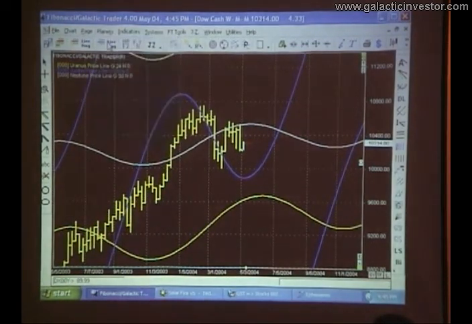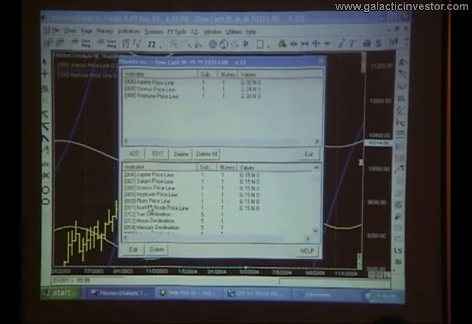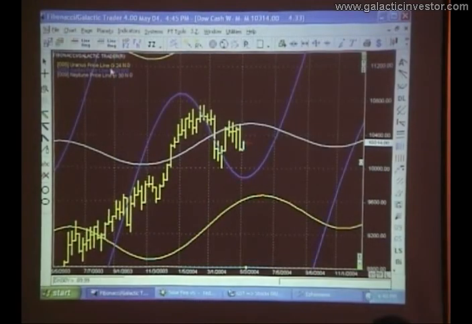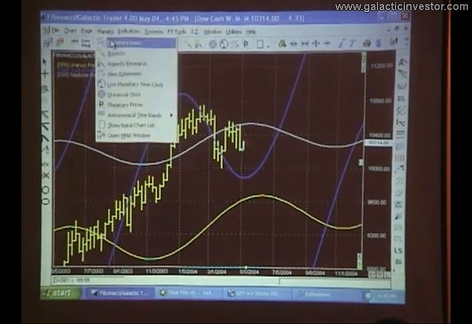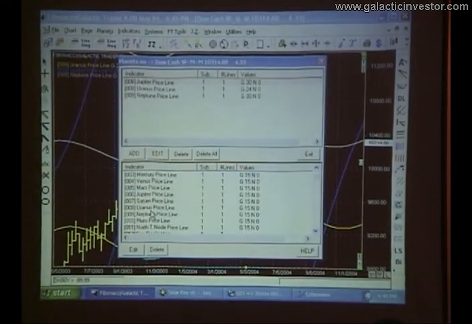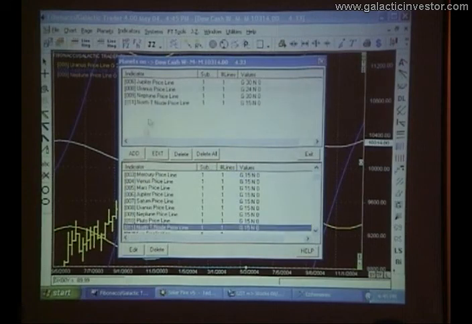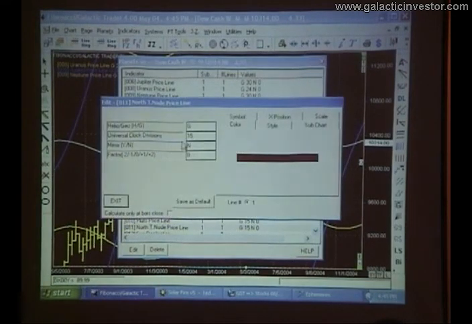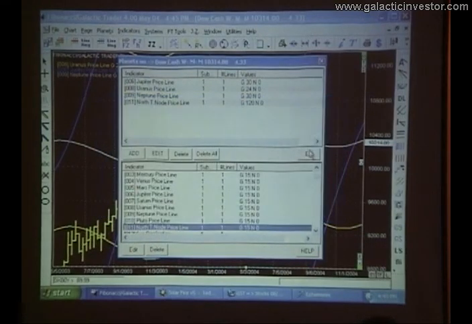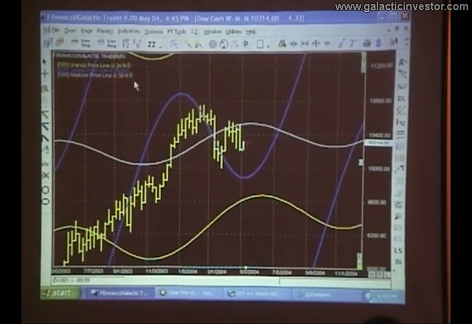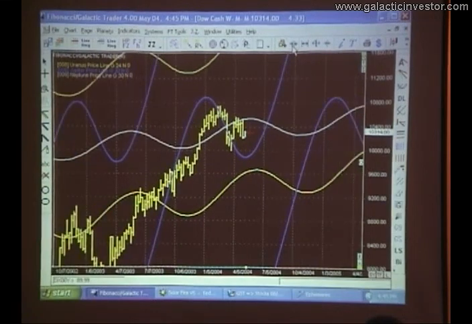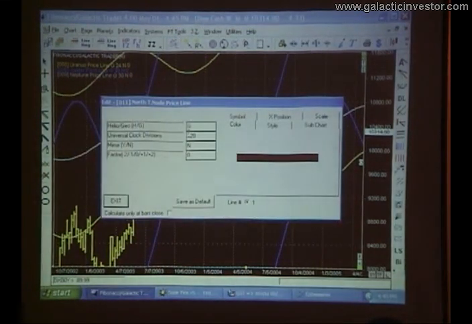Let's just add it so you can see it. And nothing's showing up at 120 at this factor, of course.